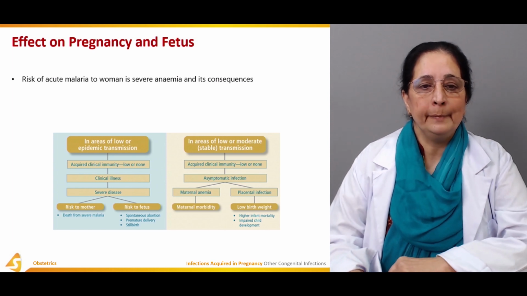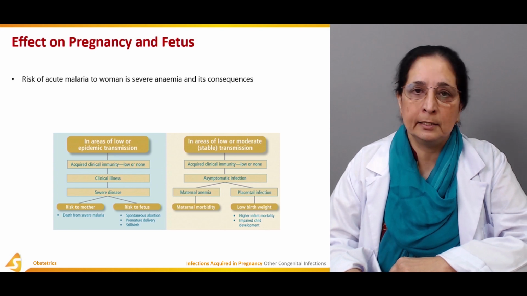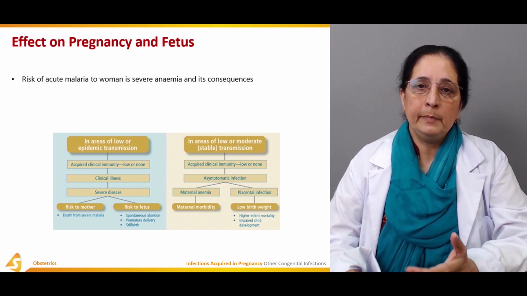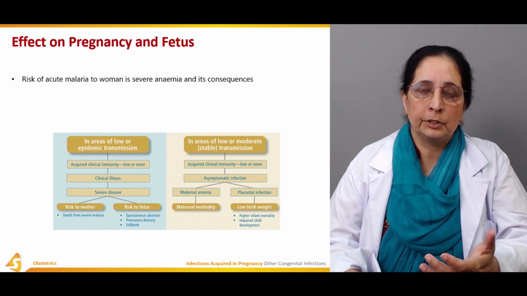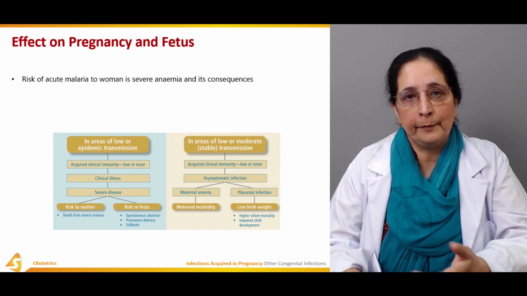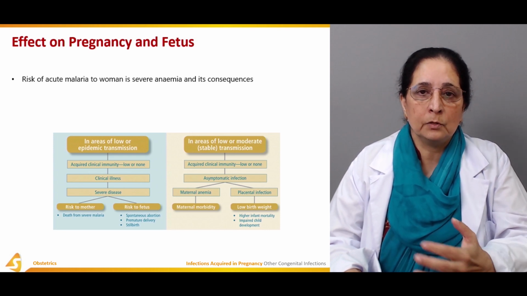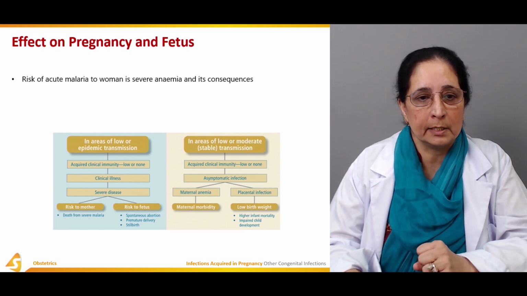Risk of acute malaria to women is severe anemia and its consequences. Anemia can cause conditions like pallor and shortness of breath, and it can affect the fetus also. So it has serious consequences.